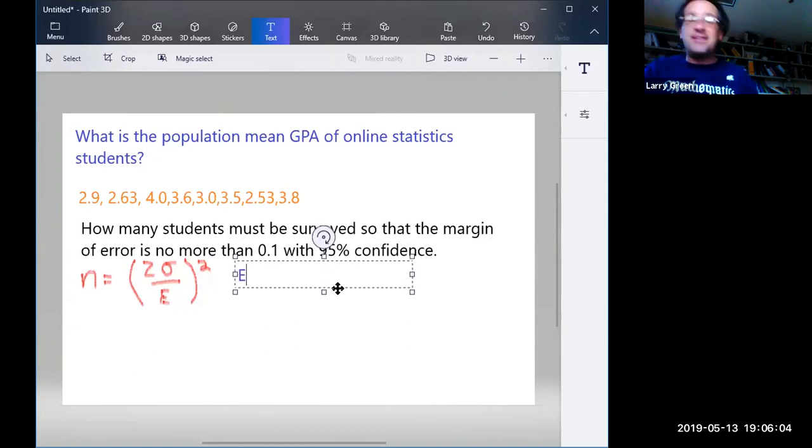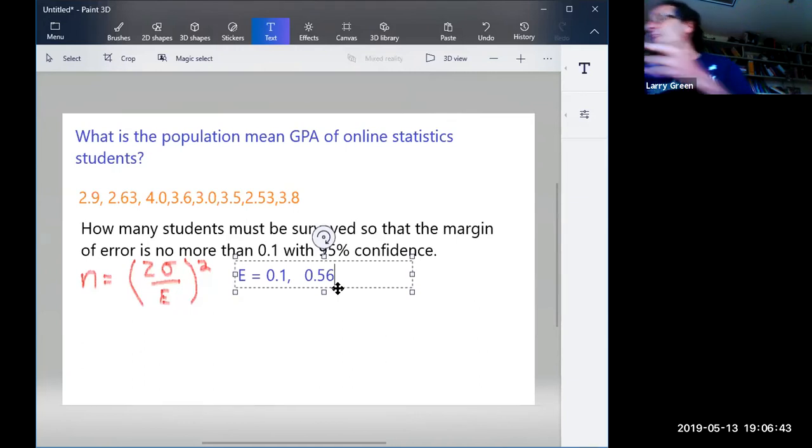I want to start with the easy ones: E for easy. Okay, sigma, we don't know, but our best estimate for sigma in this case is 0.56. And the reason for that, if you didn't write it down, is that our calculator gave us that. When we did these numbers, it gave us a standard deviation. Do you remember that? Sometimes we'll call that a preliminary estimate for sigma. And it's as good as we can get.